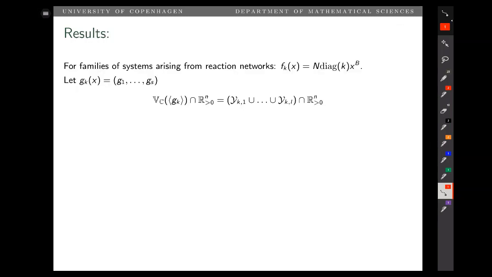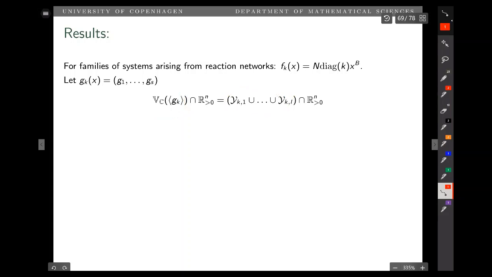So what happens if I consider the whole network and I don't know the parameters? I consider the whole parametric system, given like this. And I do the same. I remove the linear dependencies. I look at the family of algebraic varieties, and I look at the family of irreducible components.